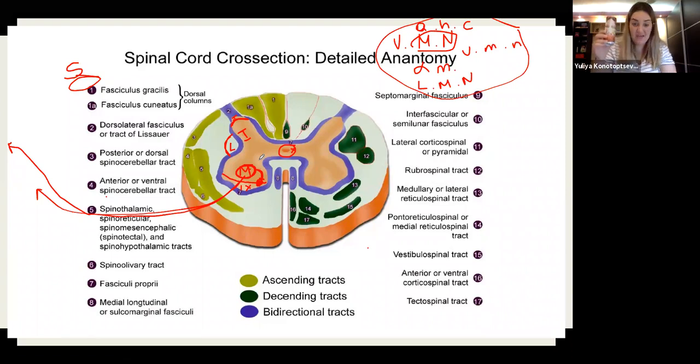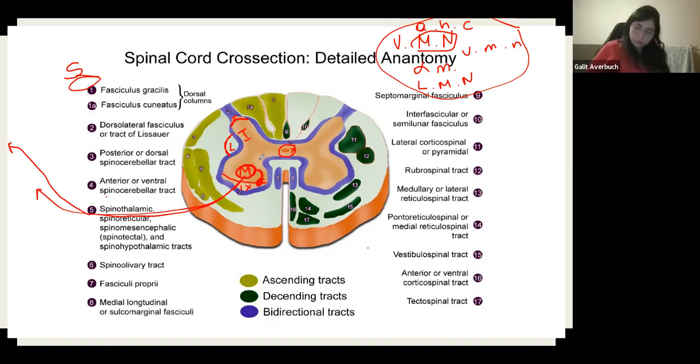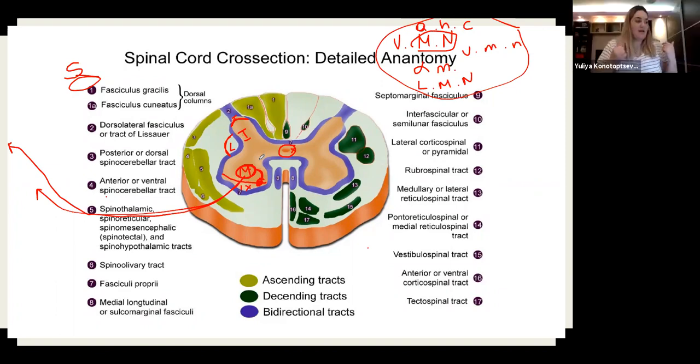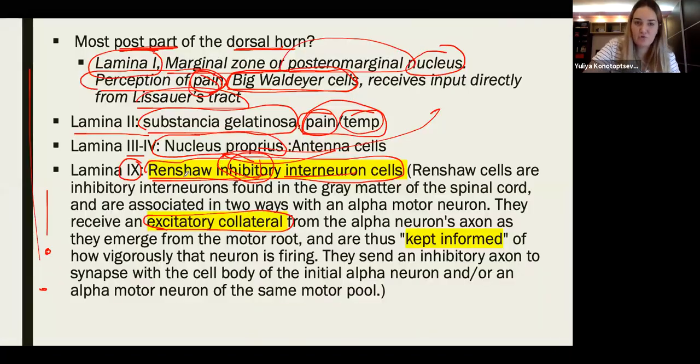And if it is activated, it will inhibit the alpha motor neuron. If I inhibit the alpha motor neuron, will there be contraction? No. So agree with me, every time I'm doing a movement, it's very coordinated, it's very smooth, right? Everything is great right now. That's thanks to my Renshaw inhibitory interneuron, because it is always kept informed of the function of the alpha motor neuron.